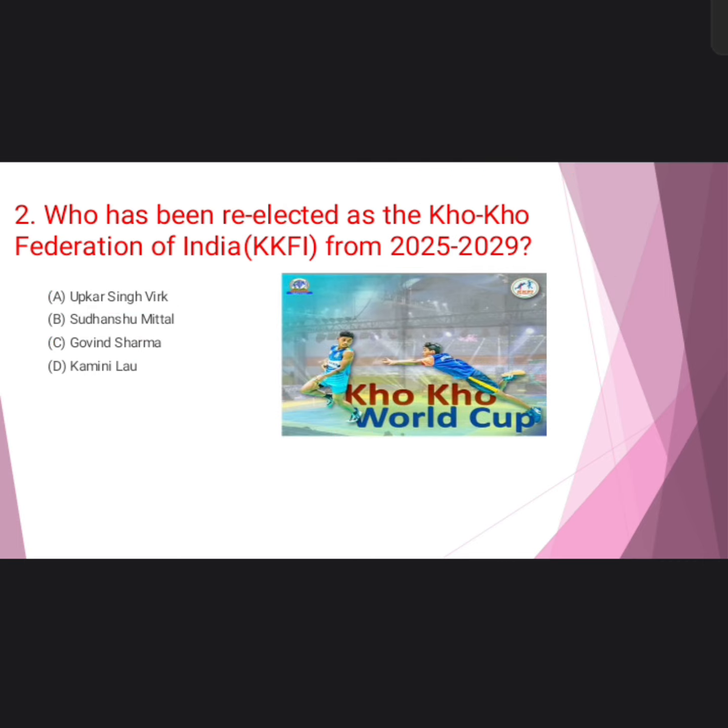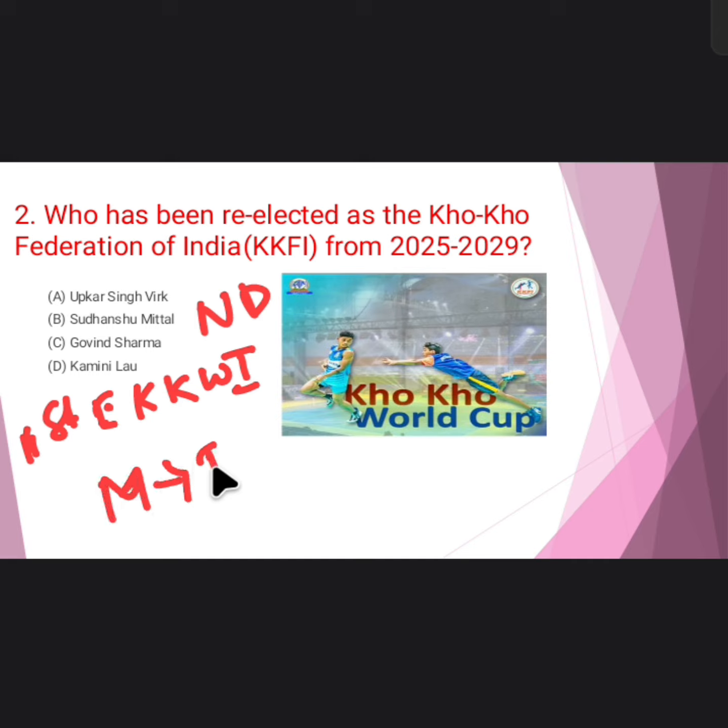the first edition of Kho Kho World Cup, which was held at Indira Gandhi Indoor Stadium in New Delhi. In the men's category, India won the trophy, and in the women's category also, India has won the trophy.